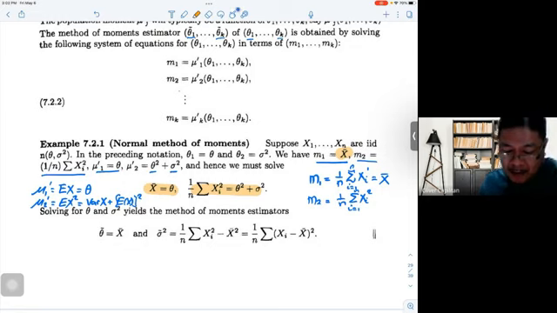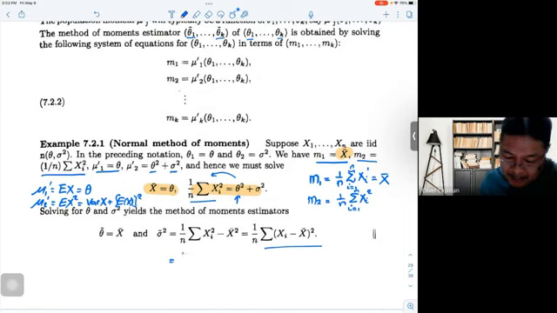And then sigma square tilde is the result. Because our theta here, we replace with the sample mean. So transpose that to the other side: sigma square is this minus theta square, where theta square is the sample mean square. We arrive at this.